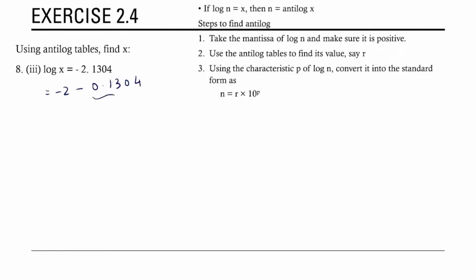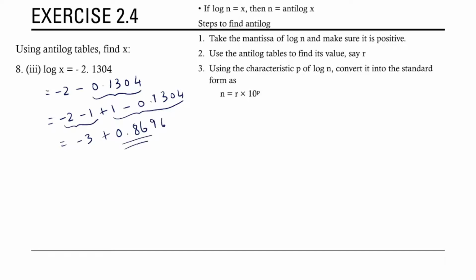So we have to make this mantissa part positive. For that I am subtracting and adding 1. So here we will have minus 2 minus 1, which is minus 3. Then we will have plus 1 minus 0.1304. Now 1 minus 0.1304 is plus 0.8696. Now this mantissa part is positive and only the characteristic is negative.